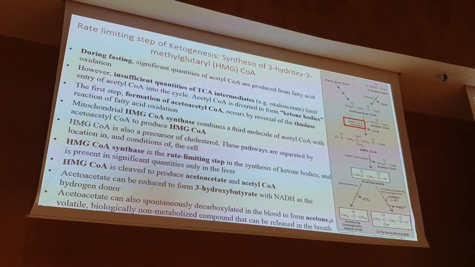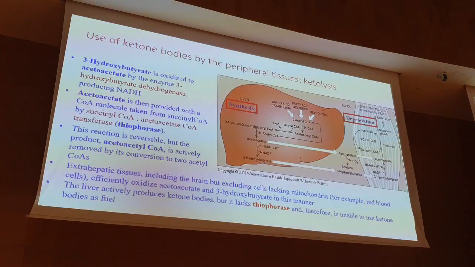You're making this ketone body. Why does your body make this thing? Because your muscles and your brain have a very special enzyme. If you look at the top right-hand corner, let me show you the slide. There we are.